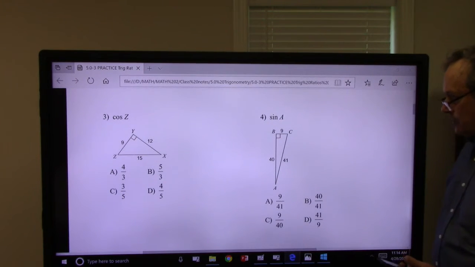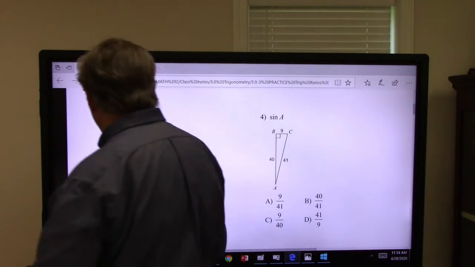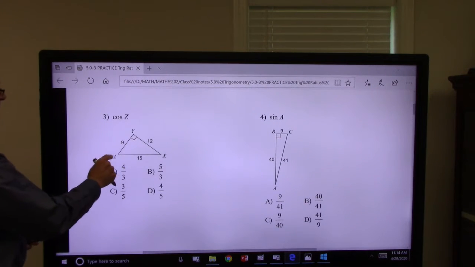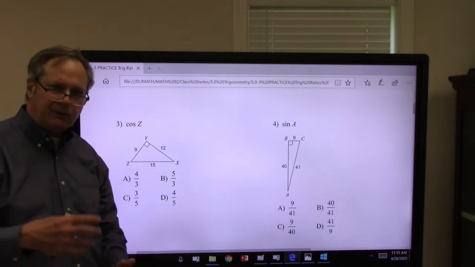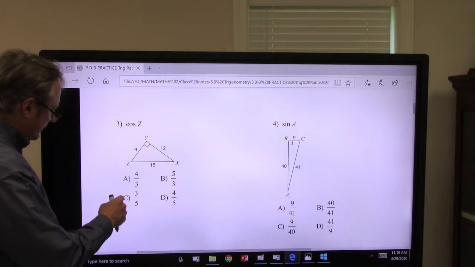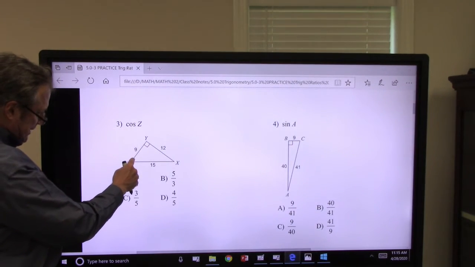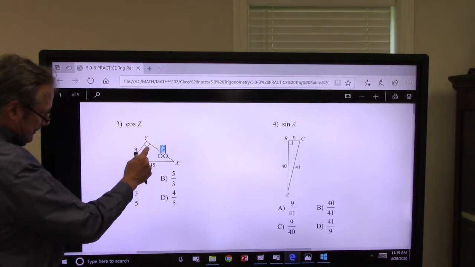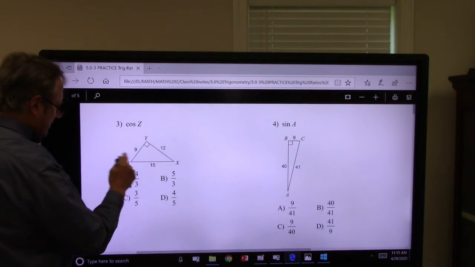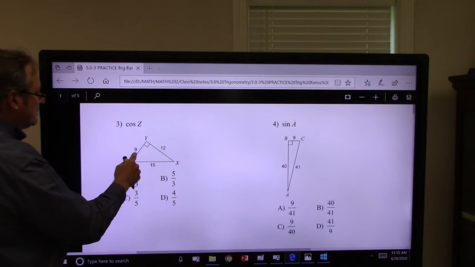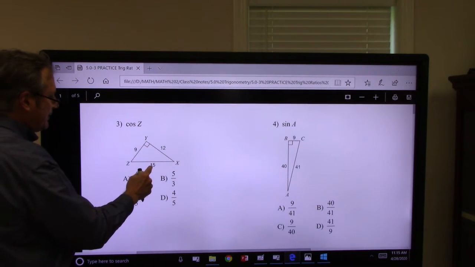Okay, I want to do number 3 with you. This is a cosine of angle Z. Well, again, you have to know what the cosine relationship is. It's adjacent over hypotenuse. So the adjacent side to this angle, oops, don't want to do that. In fact, I don't know what I did. Well, we'll see. This is the adjacent side. That's 9. That's the hypotenuse.